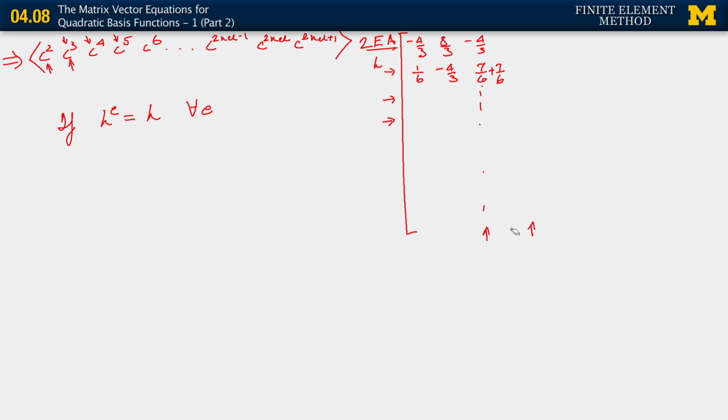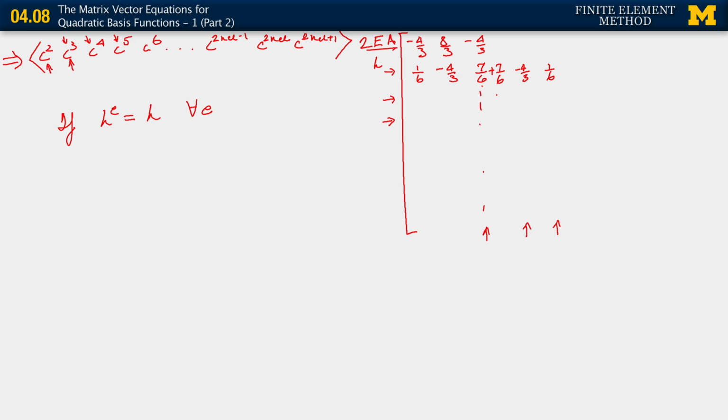Because I need a little more room here, let me move these arrows across a little. So we get 7 over 6, and then the rest of the stiffness matrix of element 2 just fills itself here. Minus 4/3, 1 over 6.